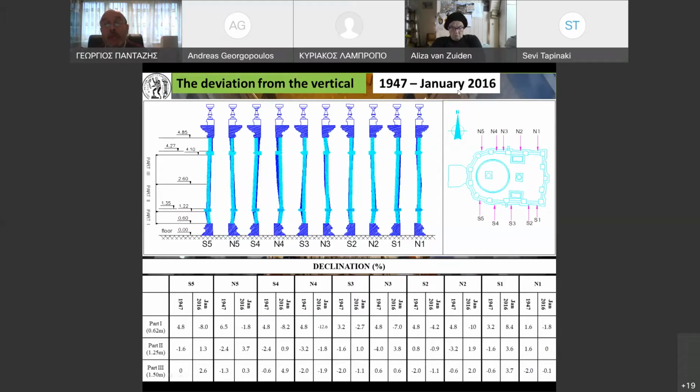1947 January, this is the first geodetic measurements.